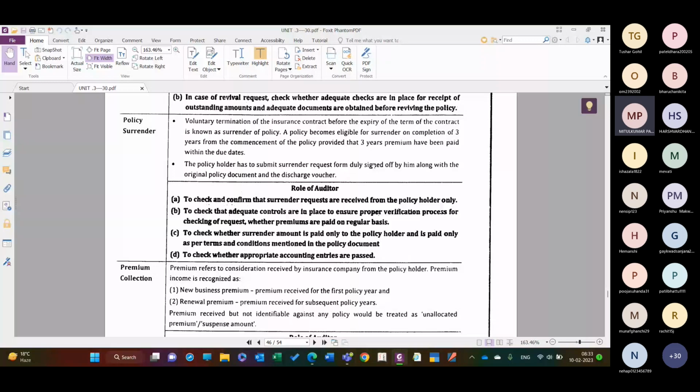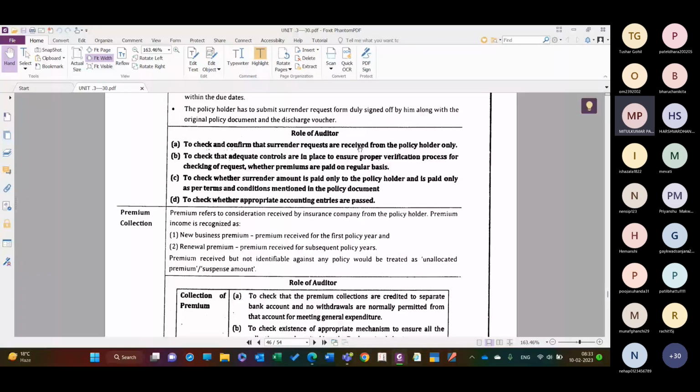So any policy can be surrendered. Now, because of the budget of 2023, I'm just guessing, I'm not sure about it, but that is what I am looking at, the new tax regime has become the new default. Under the new regime there is no deduction under section 80C allowed. So earlier people were buying insurance policies to have a dual advantage.